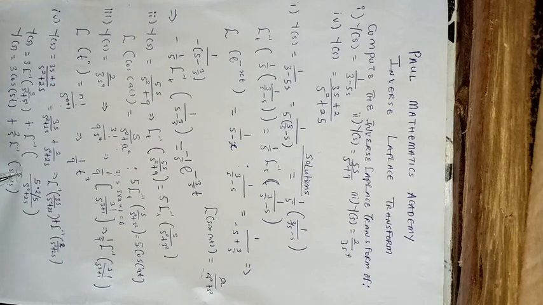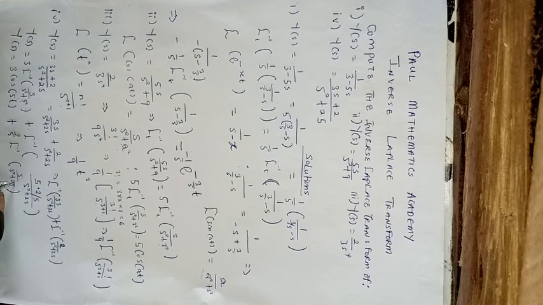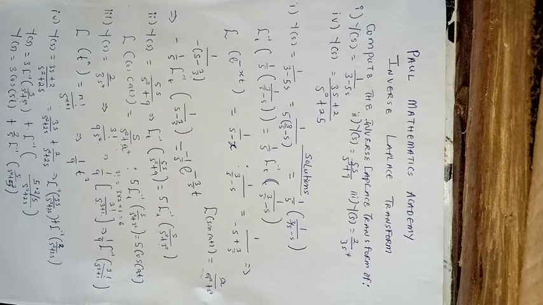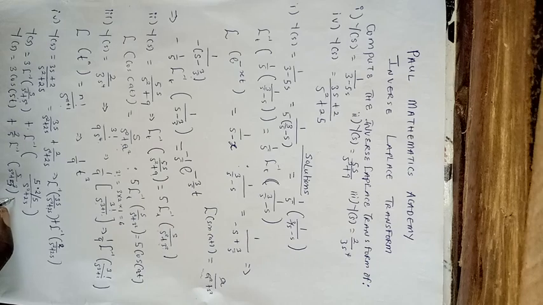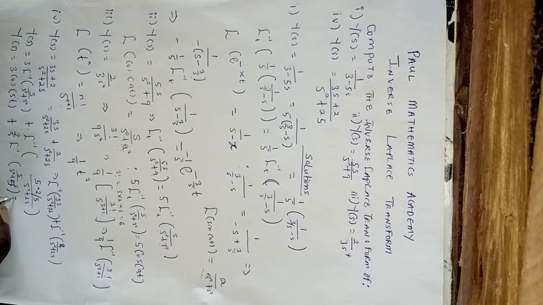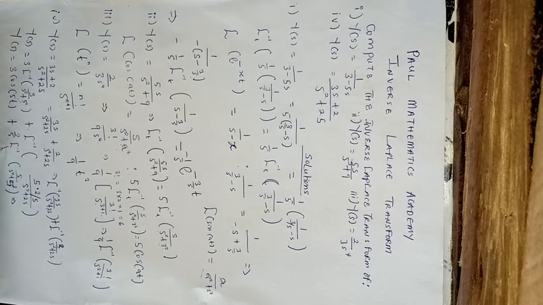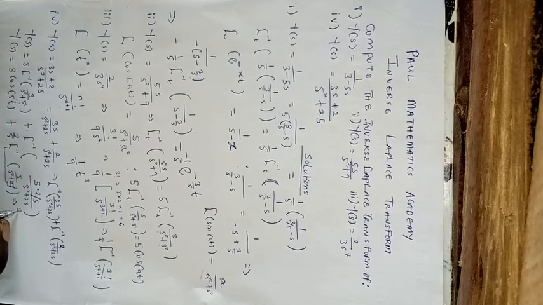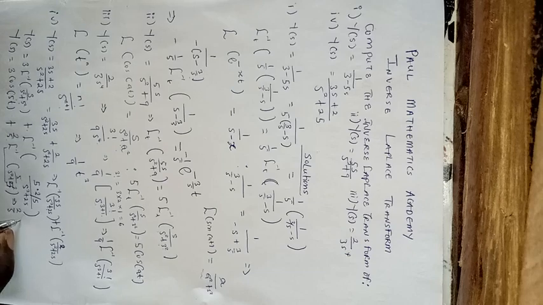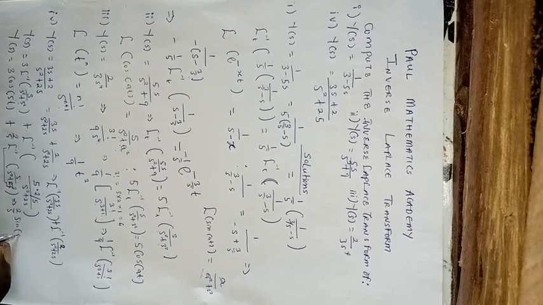So your a is 5, that is 25, that will be 5 squared. So let me just put 5 squared here for 25. So your a is now 5. So this particular one is going to give us 2 over 5 sine 5t.